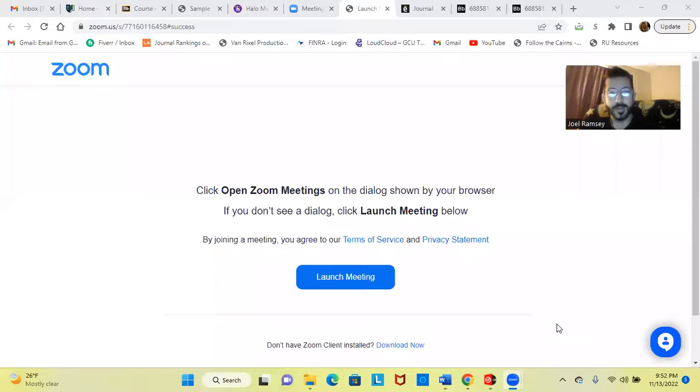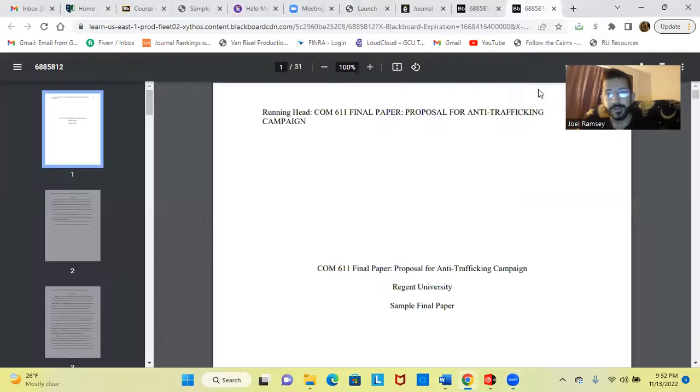APA format. If you don't know APA format, you need to please contact me. A couple of the sample papers show that the individuals were not well versed in APA format. Is it a big deal? No. However, at this point in time, master's degree students, you should have APA format kind of squared away.